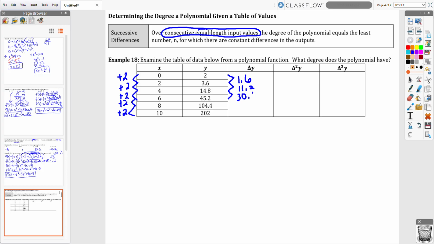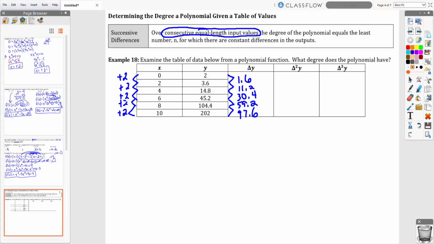And then 104.4 minus 45.2 is 59.2. And then 202 minus 104.4 is 97.6. All right, so like we said, this one is definitely not linear.